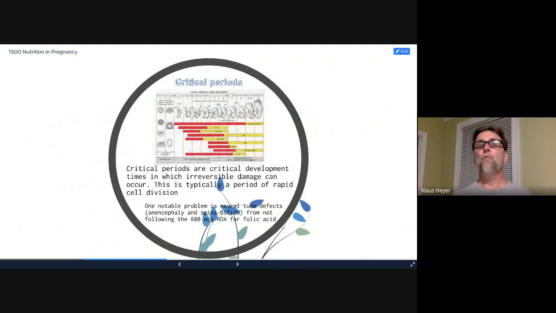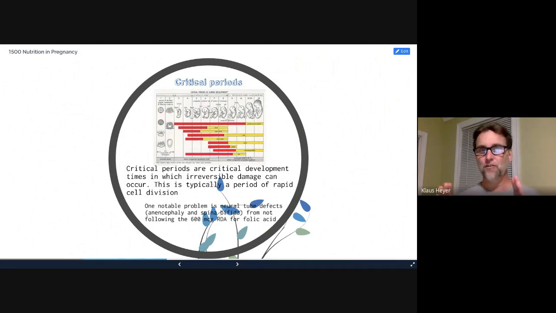So there are these things called critical periods, and this is not mentioned in great detail in the book, but it's very important. There are times in the baby's life that if some kind of damage is done, the fetus can get out of it. These are rapidly developing cells, and the baby can kind of fix itself, right?